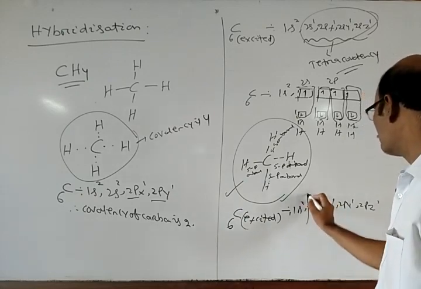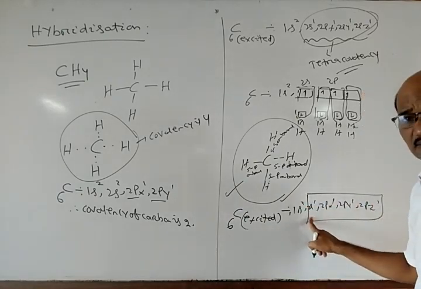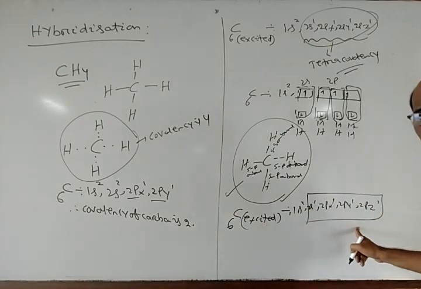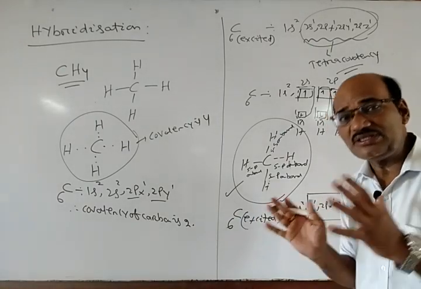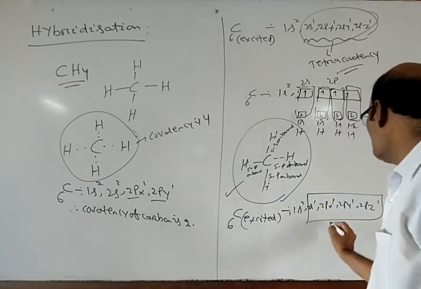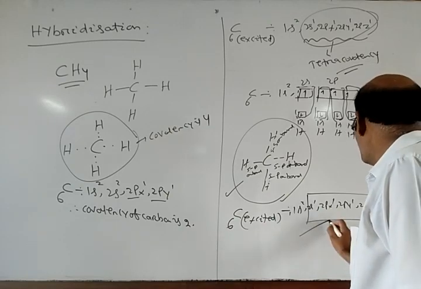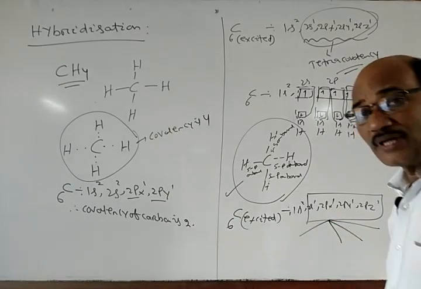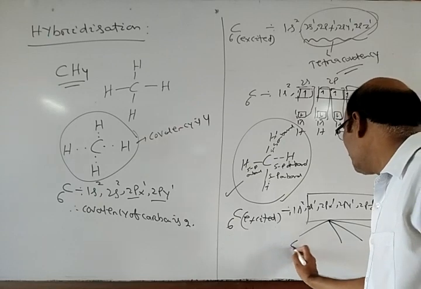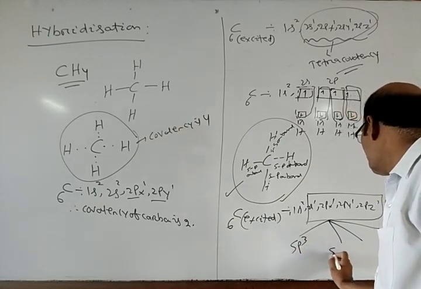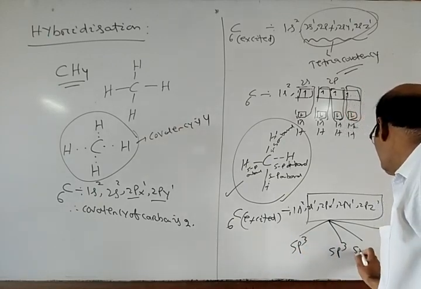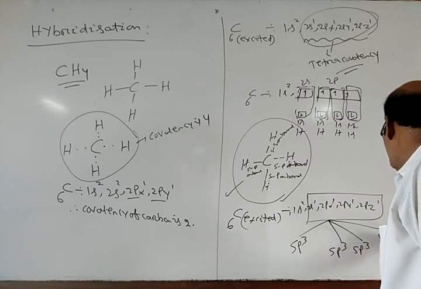Now these four, 1s and 3p, are intermixed with each other to give four new orbitals called sp3, sp3, sp3, sp3.